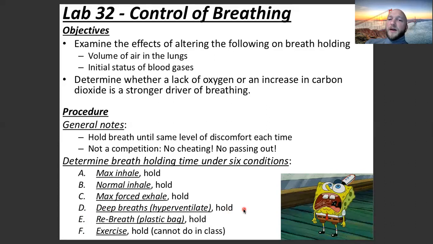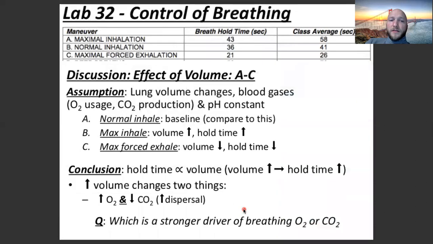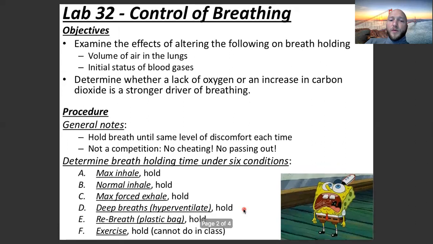Now let's look at D, E, and F. For D, we're going to hyperventilate. We're going to take 4, maybe 3 to 5 deep, quick breaths, and then breathe in and hold our breath. Compare that to rebreathing.